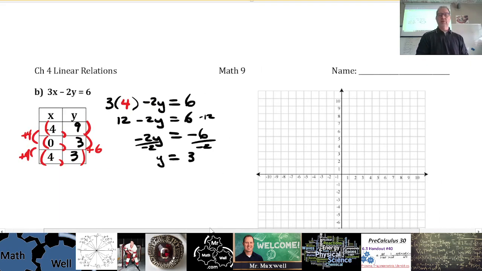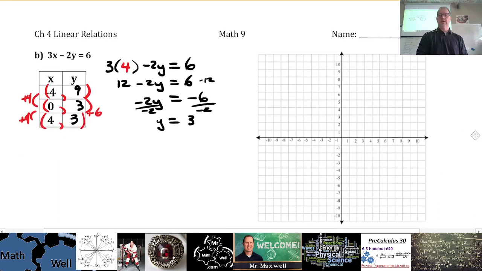All right. So let's plot some points rather quickly here. -4, 9. So I'm going to start at the origin as I always do. I'm going to go left 4. I'm going to go up 9. That's going to put me, oh boy, get my eyes going here. -4, 9, right there. 0, 3, that's my y-intercept. And 4, 3, wait, sorry.